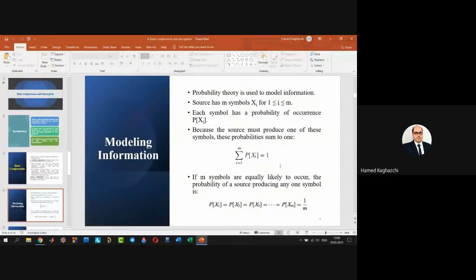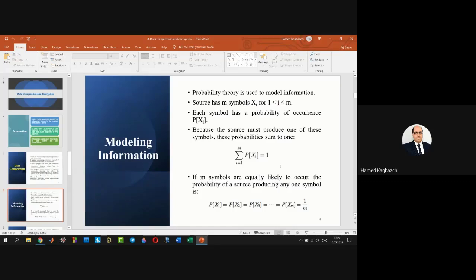Okay, before compressing the data which is produced by the source, we need to model it. But how can we model the information? The answer to this question is using probability theory.